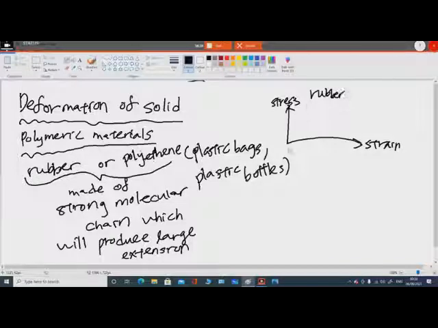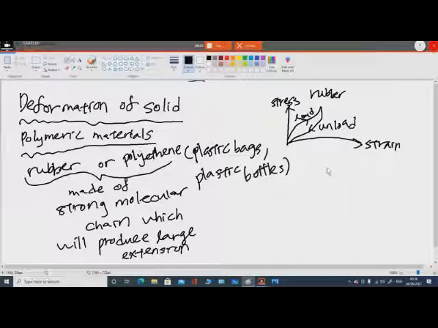If we apply stress, or a work done, which is the load, this is the stress for the rubber, as we observed from the graph just now. When I release the stress, it will eventually return to its original shape. This is what we call unload.